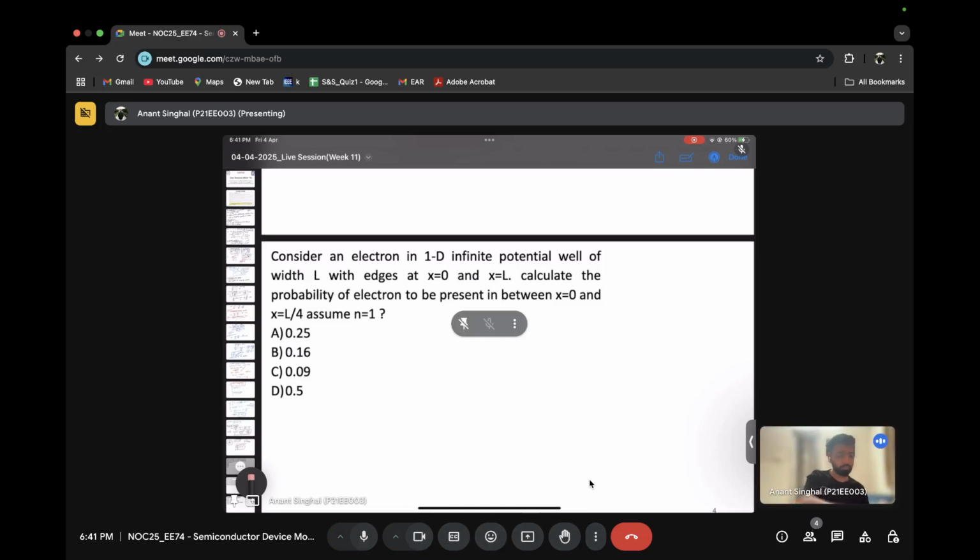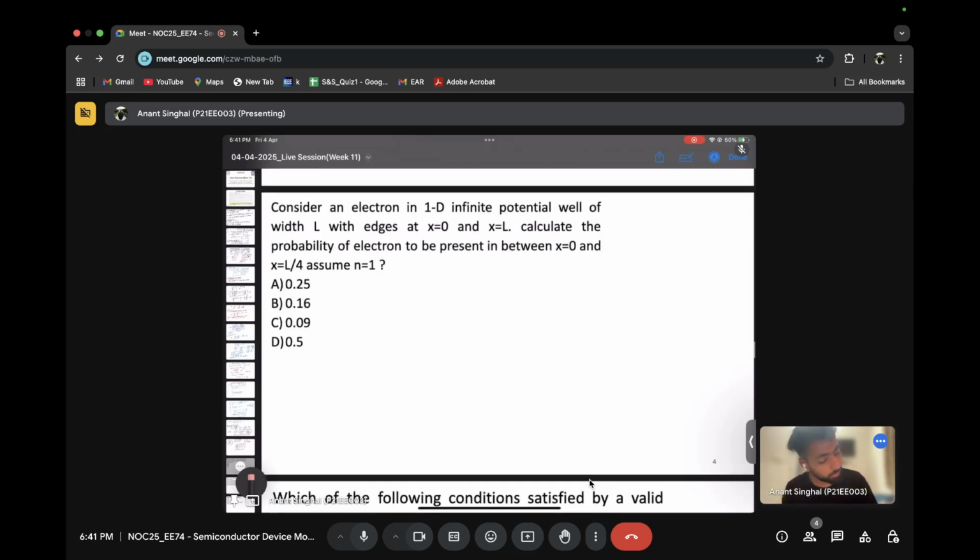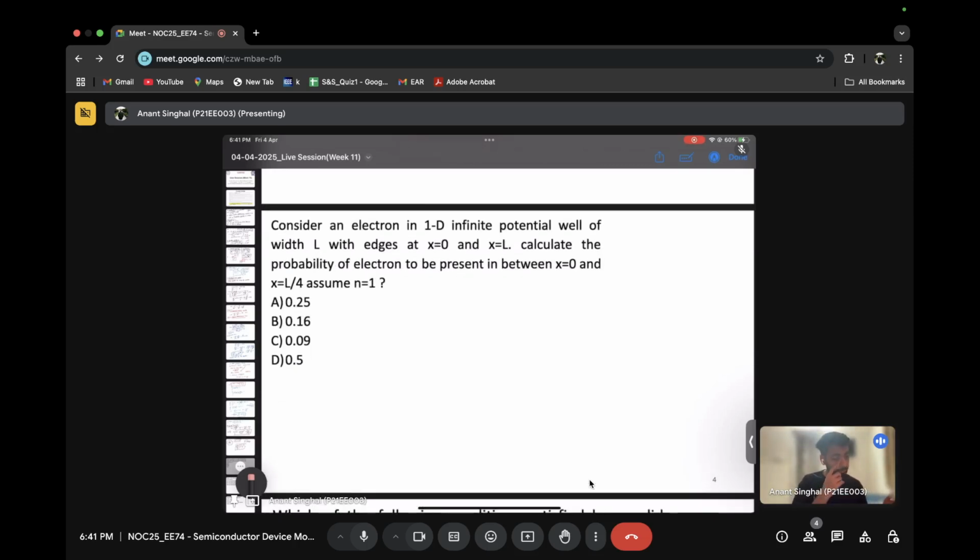Any solution? Okay, so we need to find the probability. What exactly do we need to calculate? Can anyone tell?